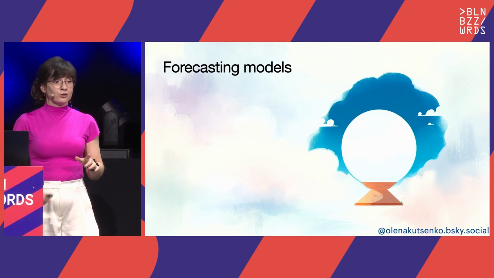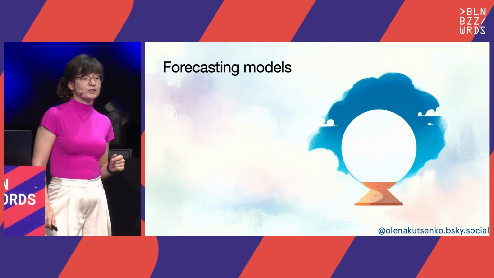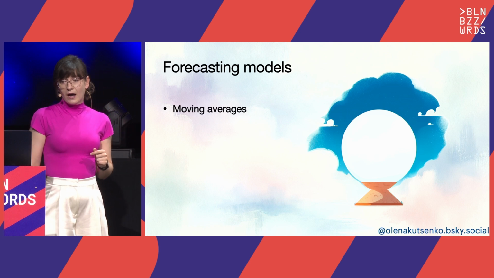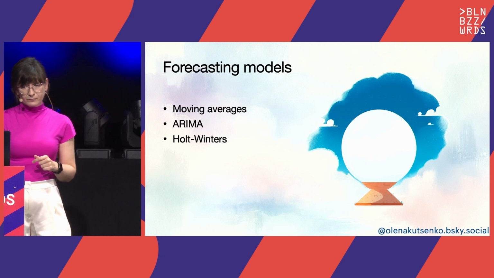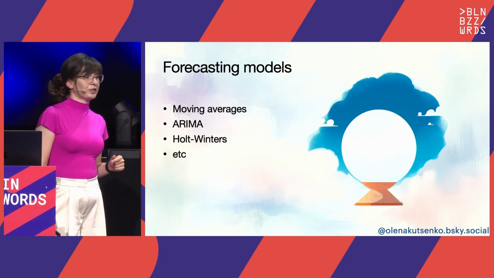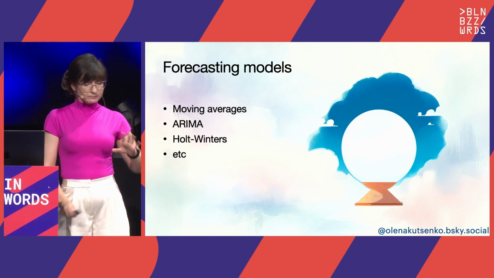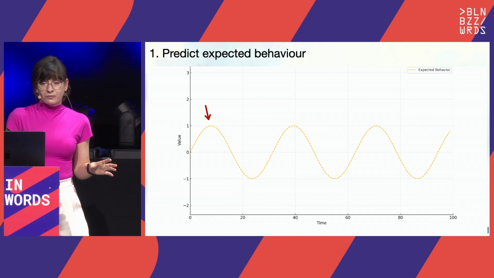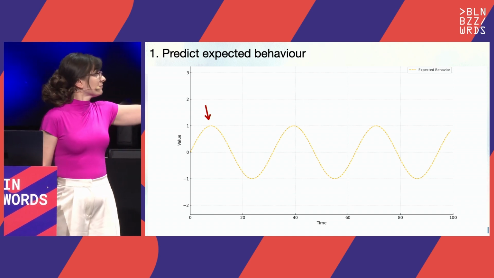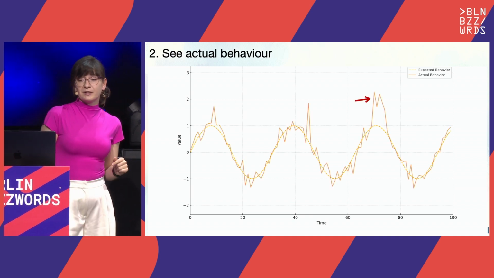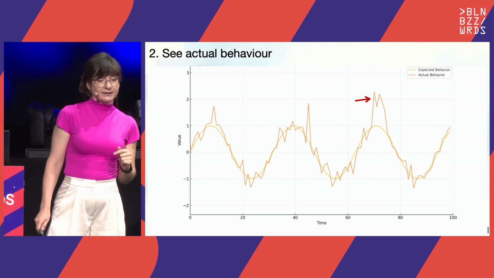What we can also do, again with statistical models, is use something more complex. We can use what we call forecasting models. This involves moving averages, ARIMA, which we will talk about in a second, Holt-Winters, and other different models which are a bit more complex when you look at the math. But in general, how it works is we try to predict the behavior. We look at the actual behavior and compare it to what we predicted.